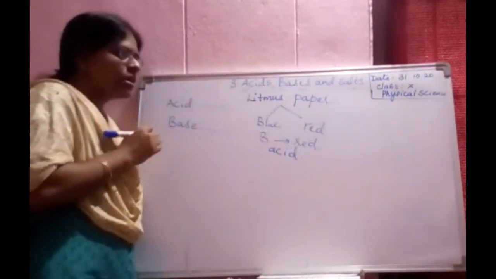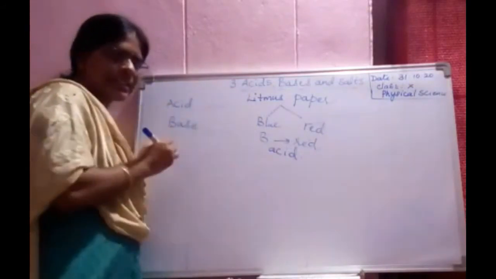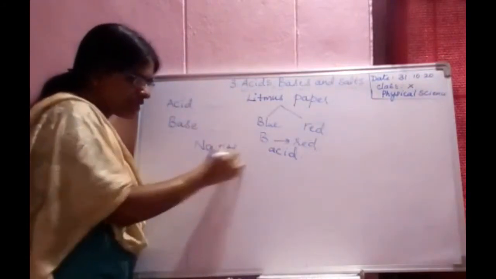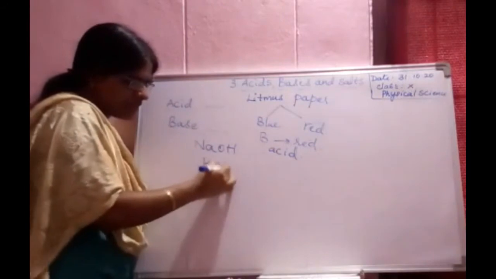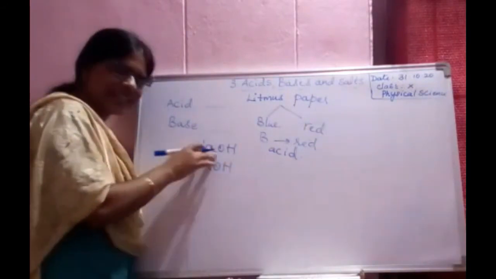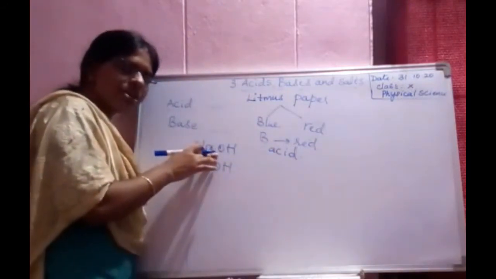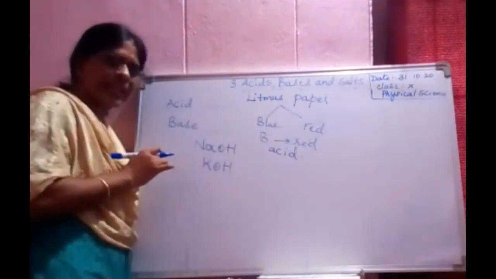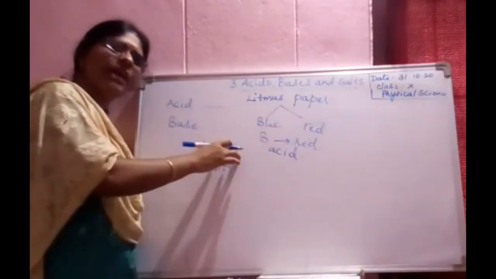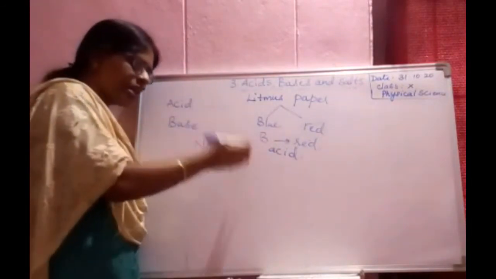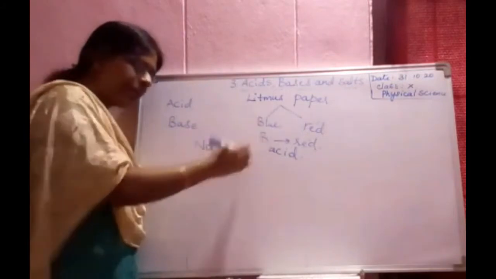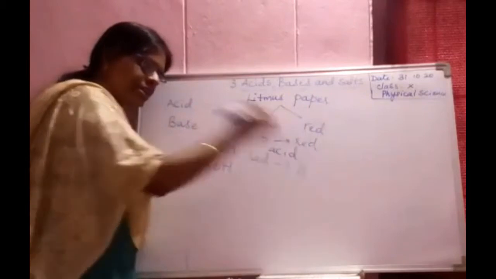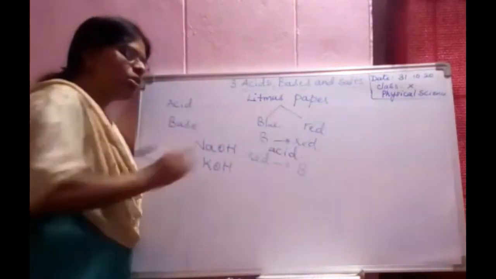Now, base. If I give you this, what is this, children? Name them. What does Na stand for? Sodium, OH, hydroxide, sodium hydroxide. If I dip my red litmus paper, it turns blue.